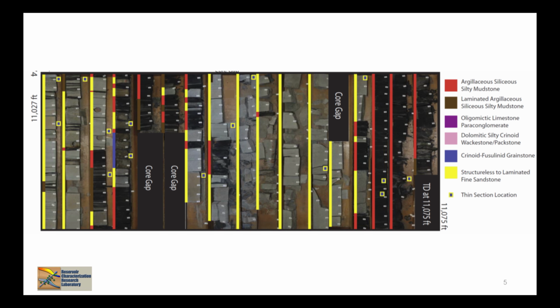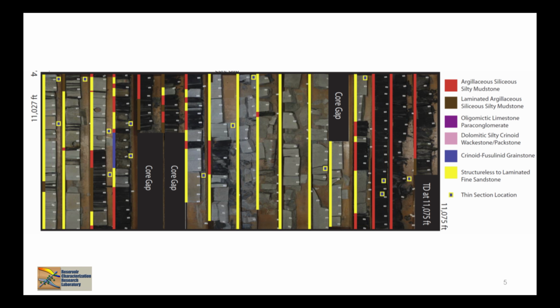This is a montage of all the core box photographs labeled with Ian's classification of facies. Just by color we can see that we have a dark interval at the base that is this laminated siliceous mudstone, and then intercalated between darker beds, lighter, more massive beds. Those are the sandstone turbidites, a pretty thick interval in the middle of the core here.